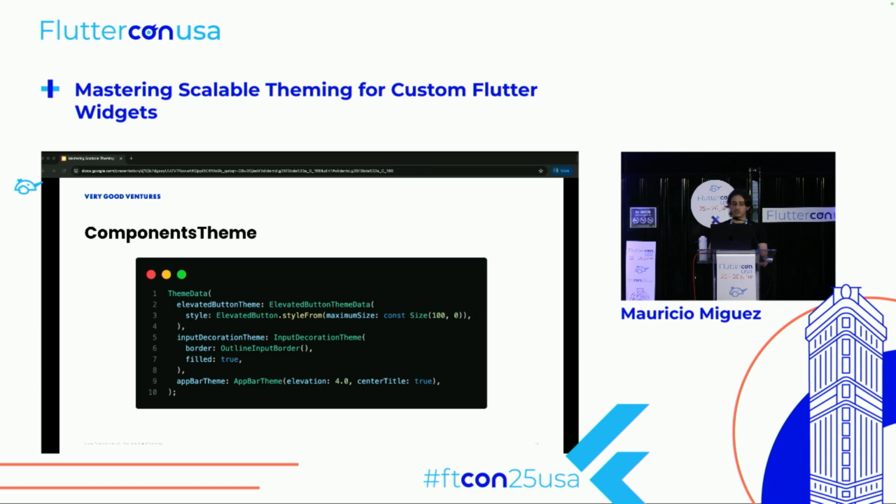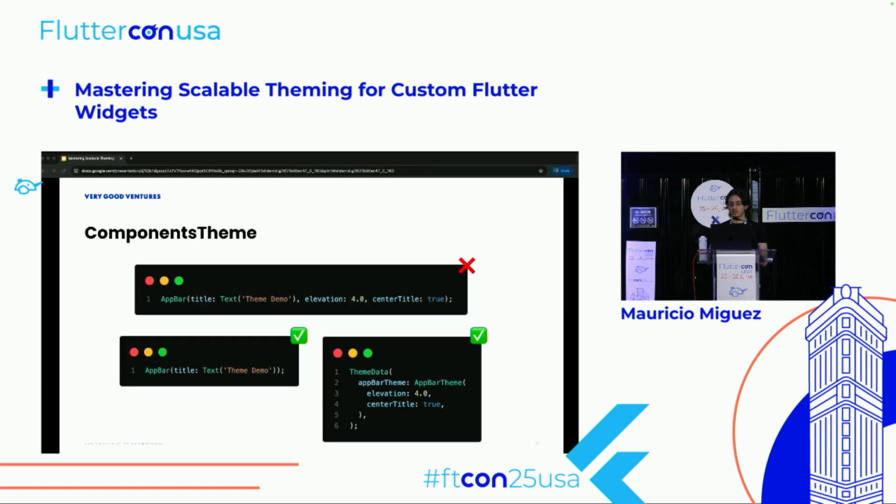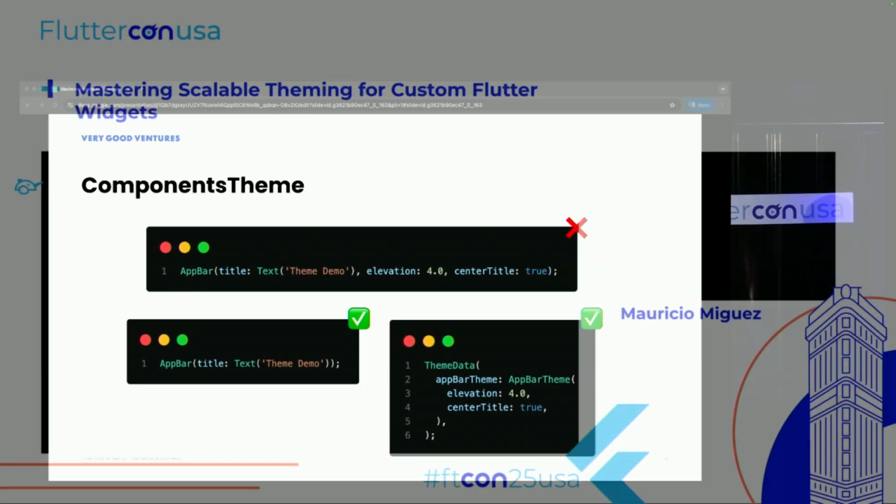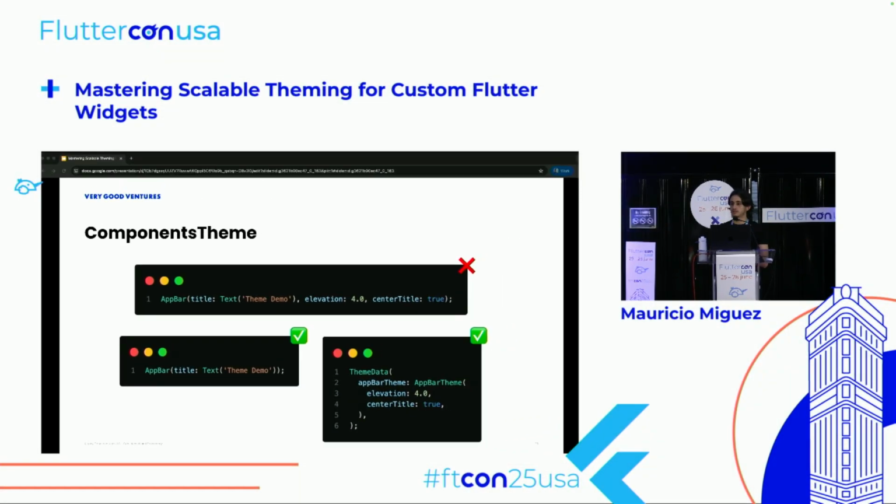And the general recommendation is to use that class instead of inline styling your widgets. This way, you avoid conditional logic and ensure consistency throughout your application. So by configuring all of these aspects within your ThemeData class, you will establish a pretty good cohesive base for your design system that Flutter will automatically apply to your Material app.